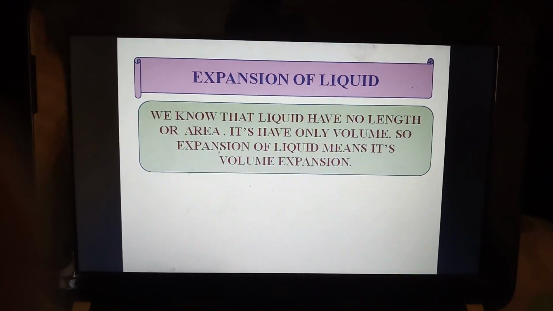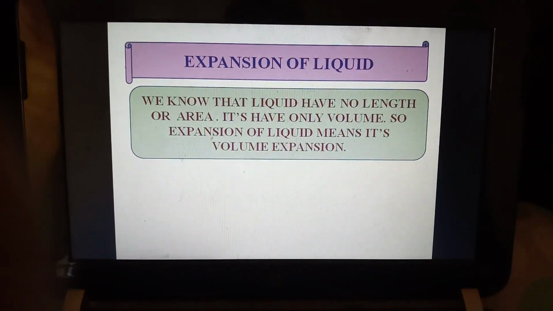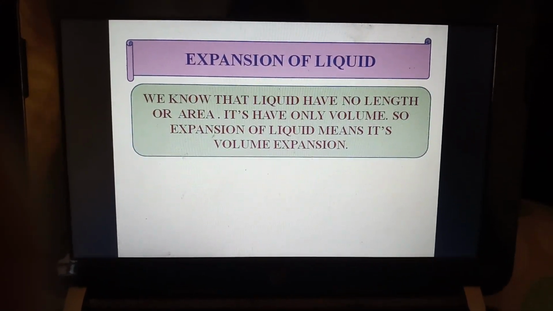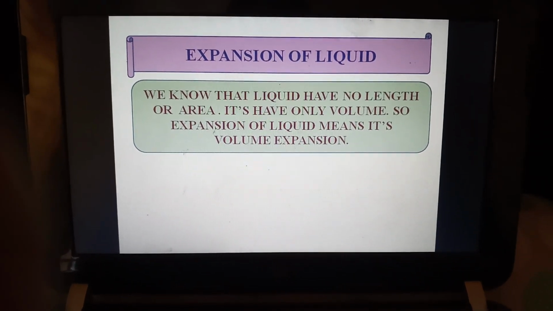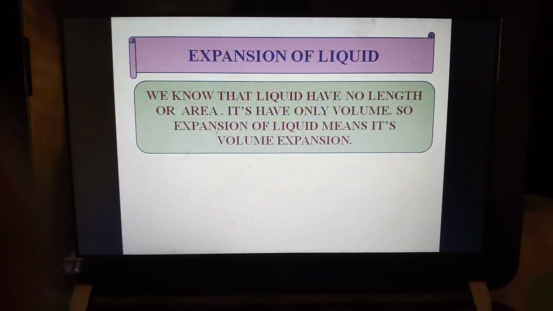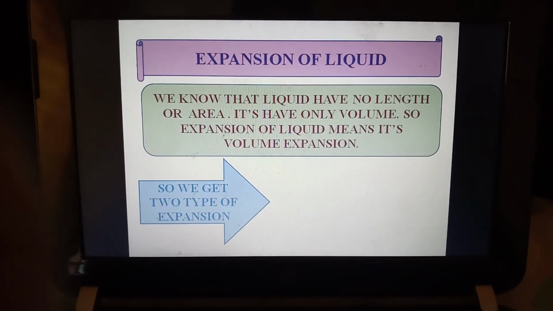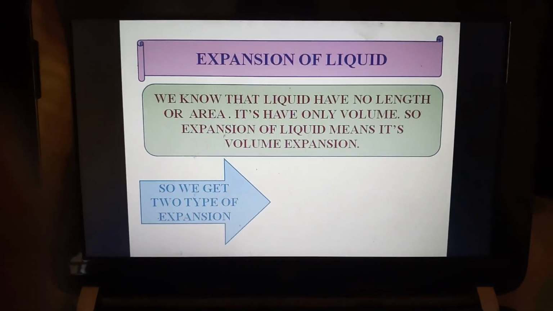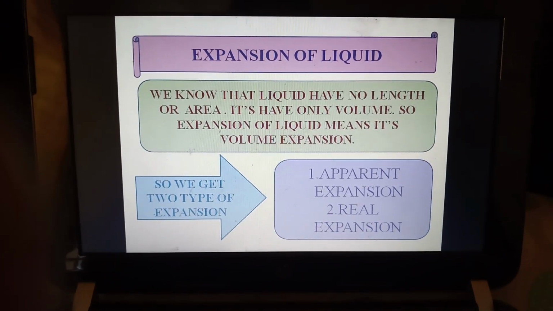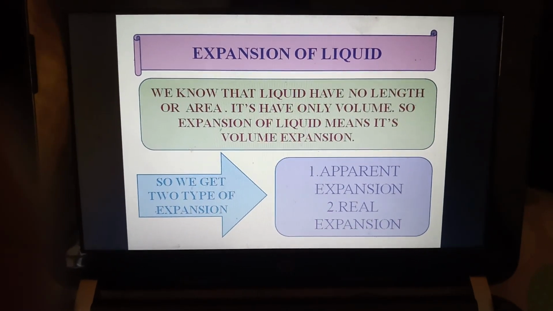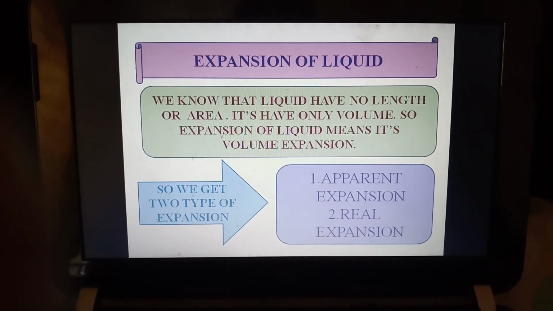We know that liquids have no length or area. They have only volume. So expansion of liquid means its volume expansion. So we get two types of expansion: one is apparent expansion and number two is real expansion, based on the application of heat.